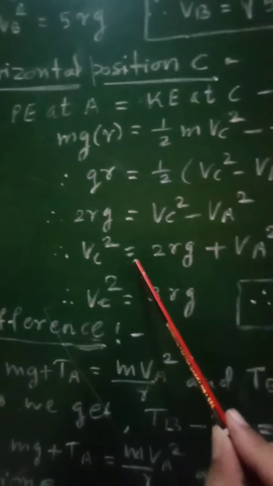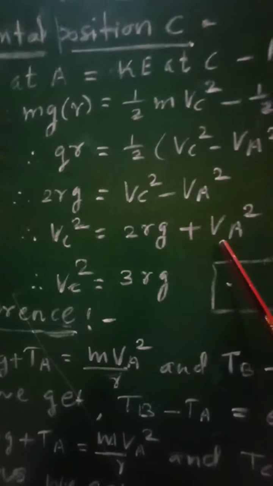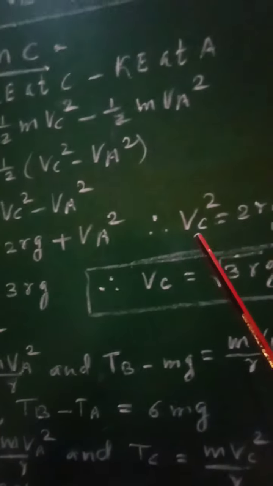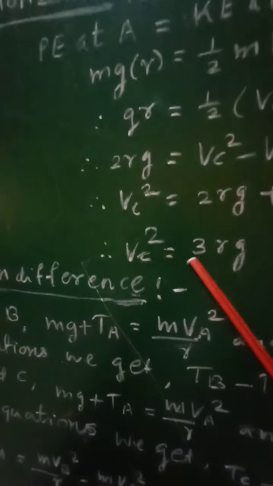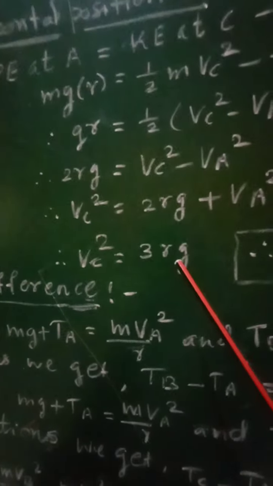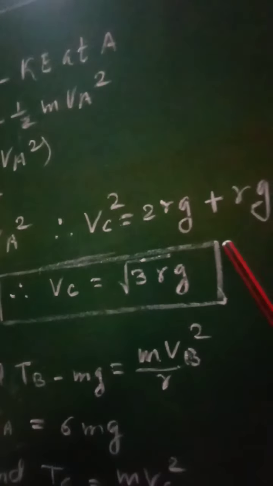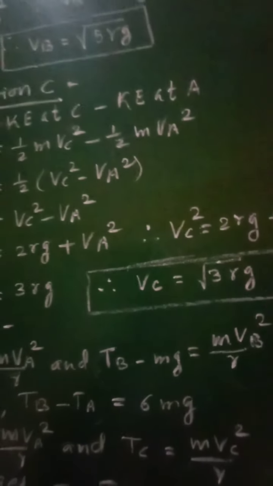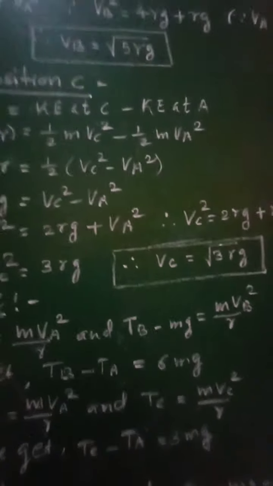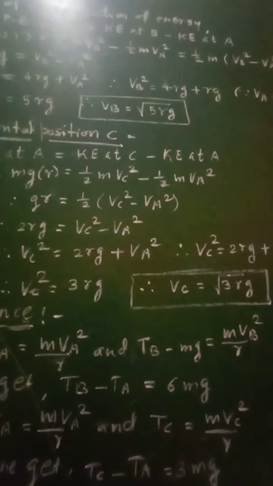Therefore Vc square equals 2rg plus Va square, and since Va square equals rg, Vc square equals 2rg plus rg, which is 3rg. Taking the square root, Vc is equal to root of 3rg. So this is the speed of that bob at horizontal position C.